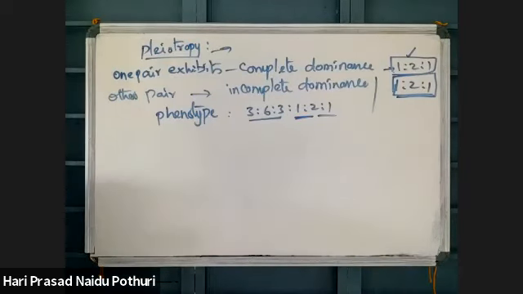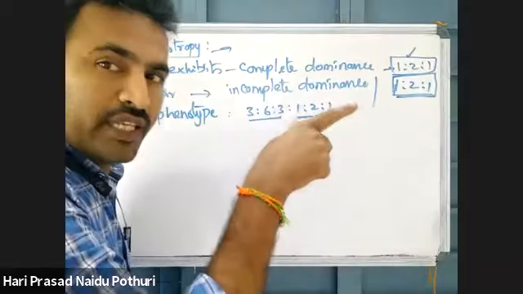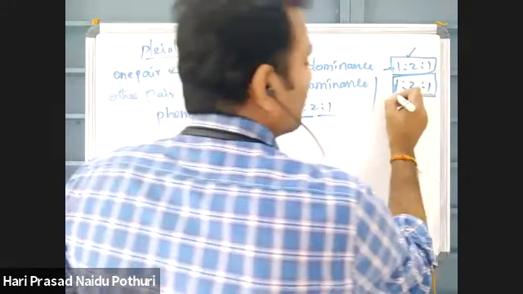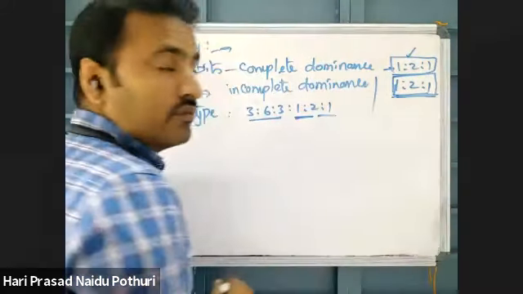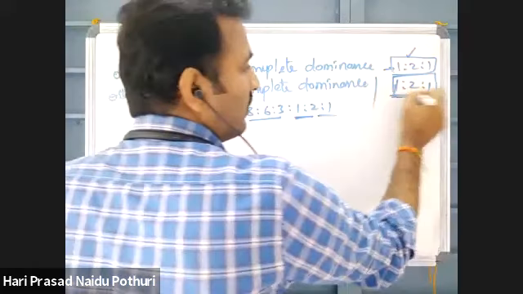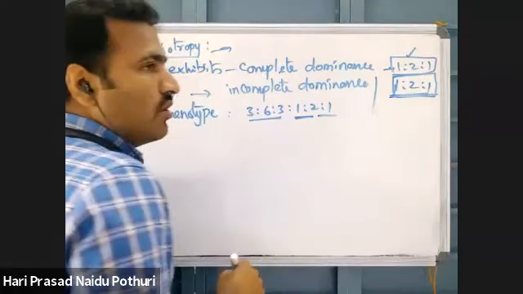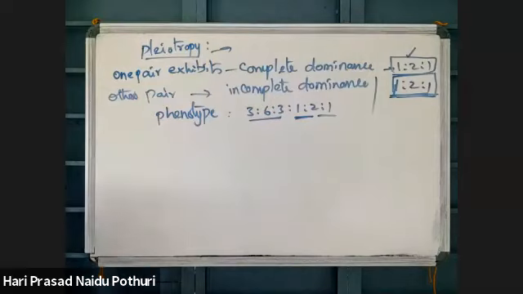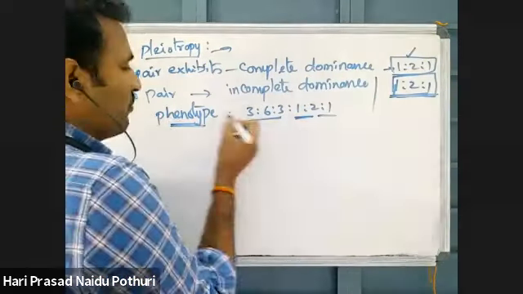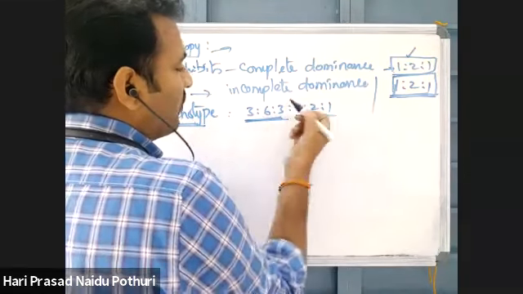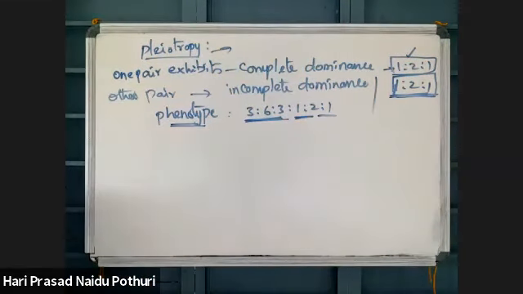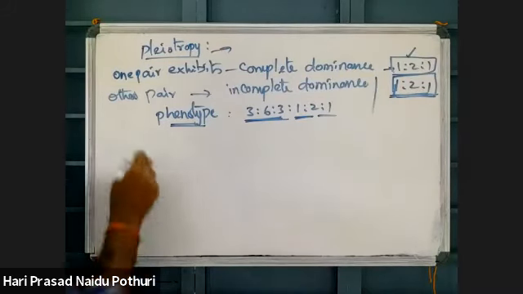For a dihybrid cross of pleiotropy, the phenotype ratio is 3:6:3:1:2:1.